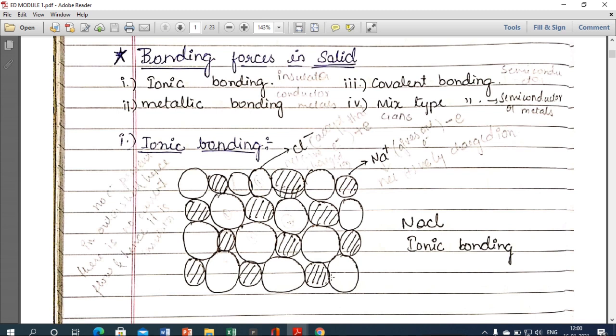Therefore this ionic bonding belongs to the insulating material or insulator, because there are no free electrons.